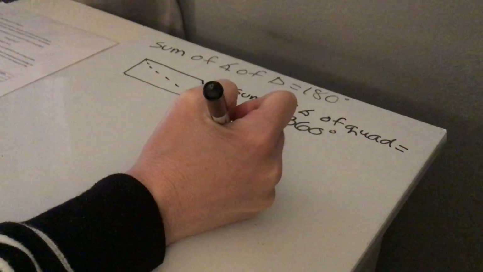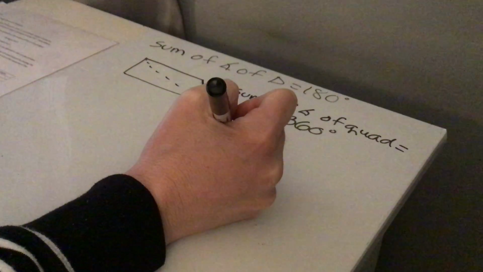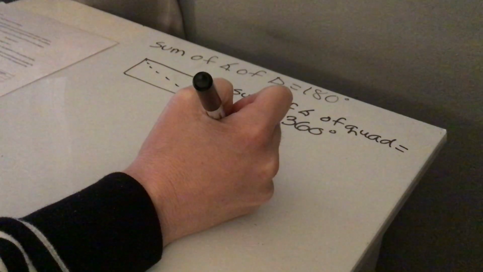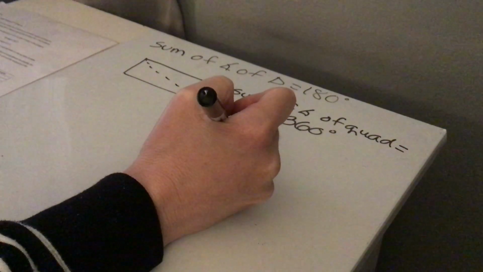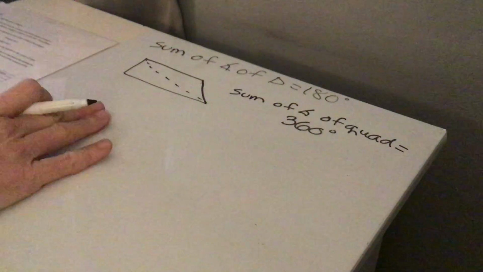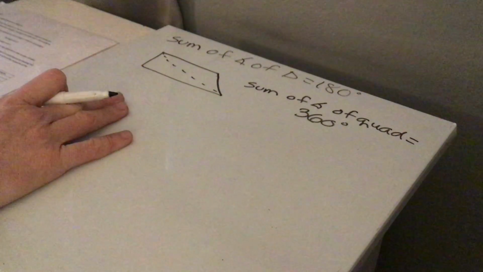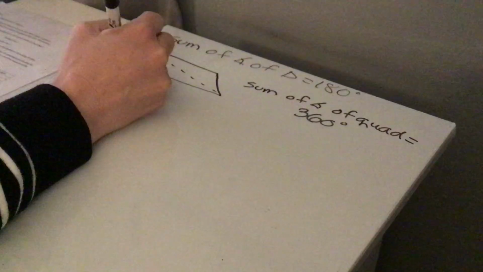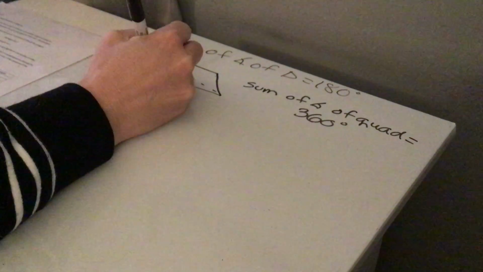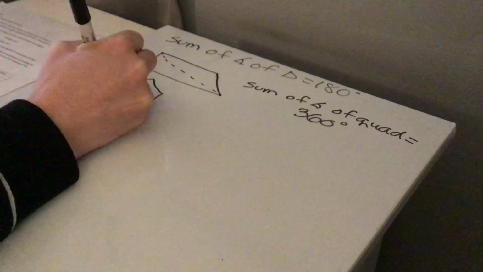Okay? Well, we can do the same thing to find the measure of interior angles of any convex polygon with n sides, called an n-gon. Okay? So if you go through the activity on page 661, you have your triangle, you have your quadrilateral. Pentagon is 5 sides, so 1, 2, 3, 4, 5.